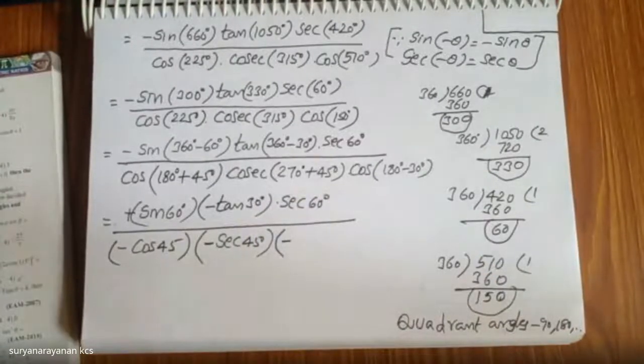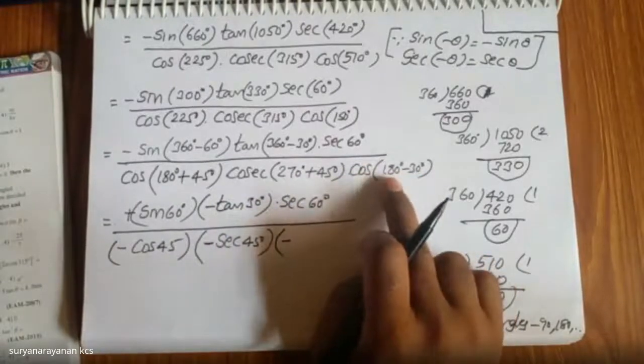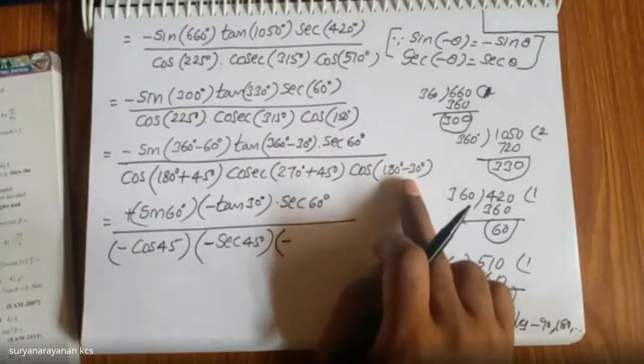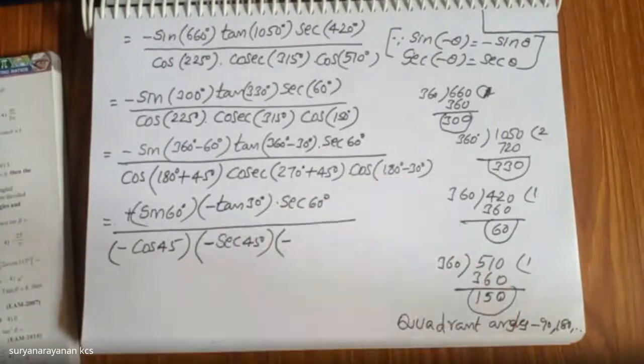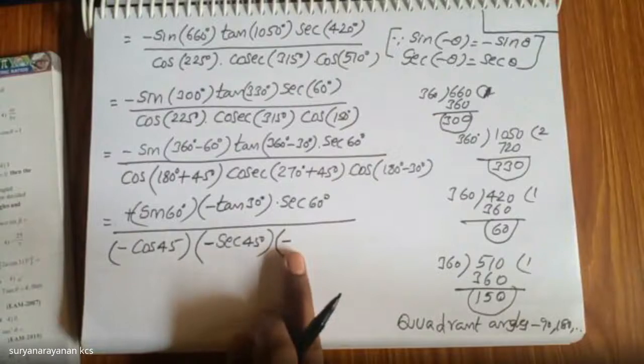And the third question, you have to ask yourself whether the angle is written as a combination of 180, 360, 90 or 270. If the angle is written as a combination of 90 or 270, the trigonometric ratio changes. Otherwise, it does not change. If you write the angle as a combination of 360 degrees, the trigonometric ratio does not change. If you observe these steps, you can understand this point.